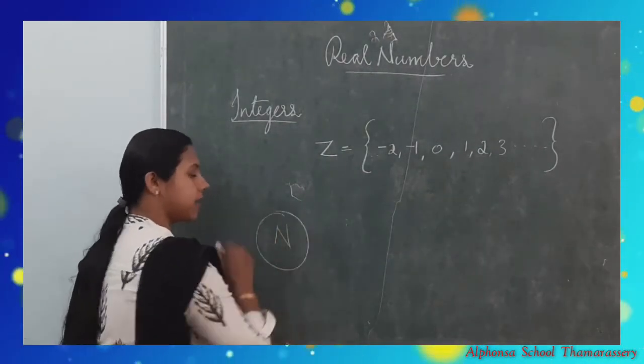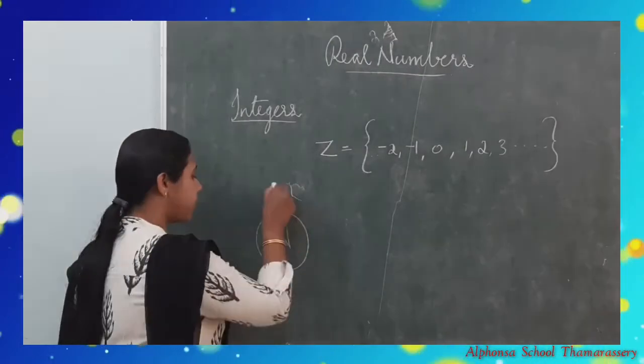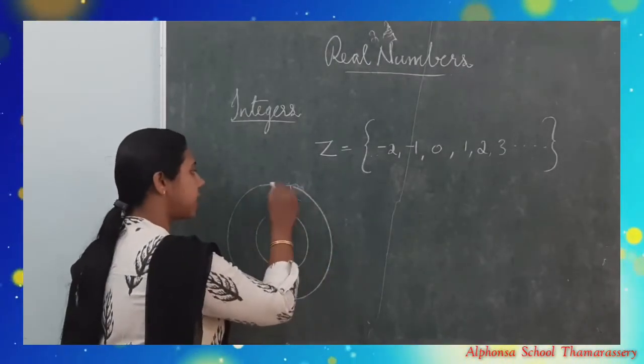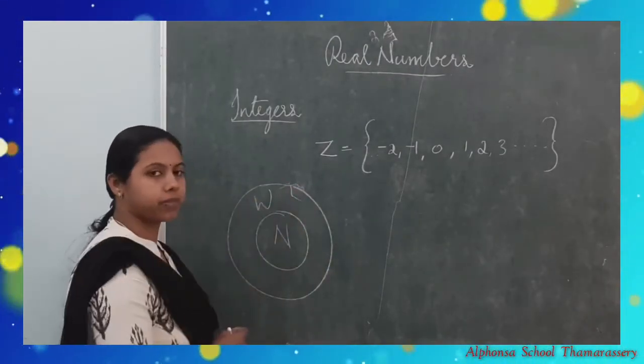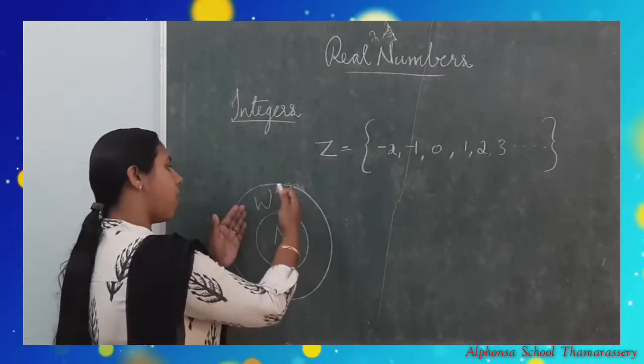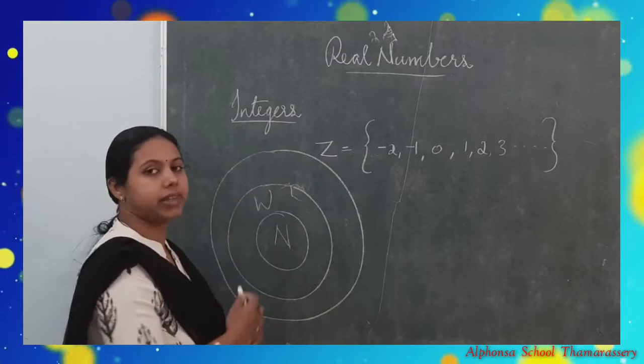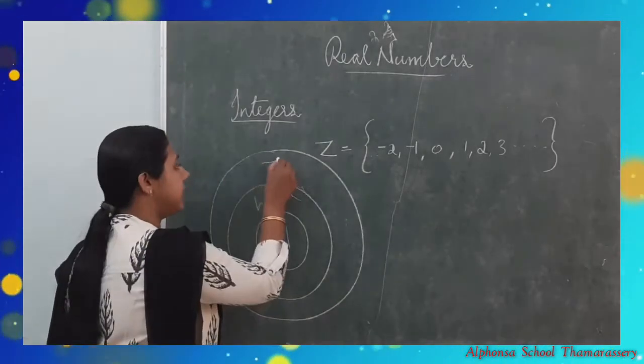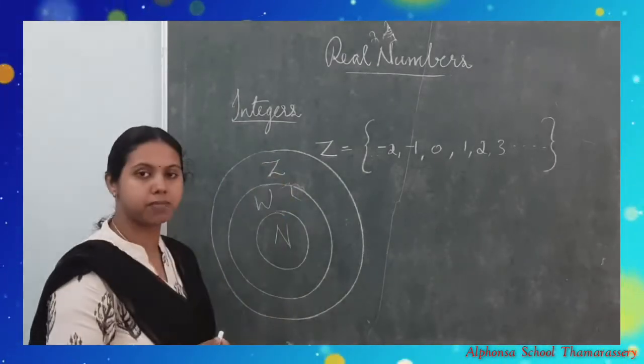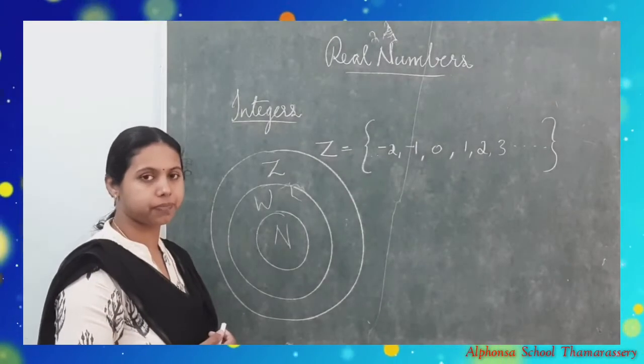Then 0 is included in this group, so we got another set, that is whole numbers. The natural numbers, whole numbers and negative integers, all together form another family, that is integers, represented by the letter Z.